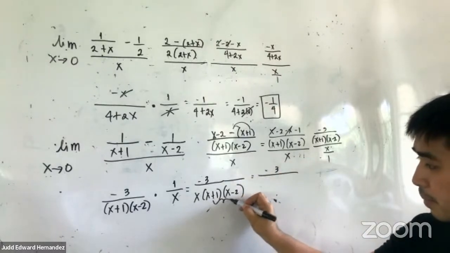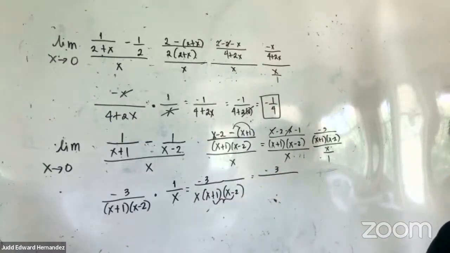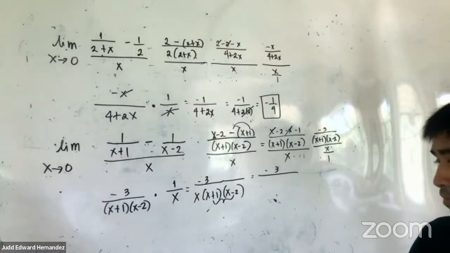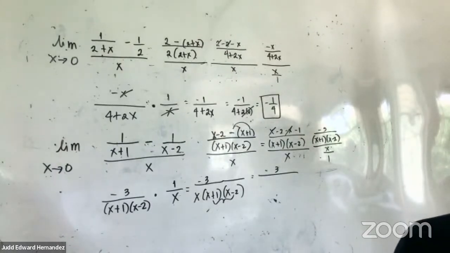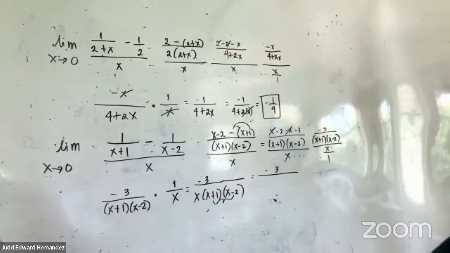Okay? Therefore, this is negative 3 over. Could you please multiply x plus 1 times x minus 2? Paki-multiply nga itong nasa ibaba. What will be the resulting equation? Paki-multiply nga po. X squared minus x minus 2 po.